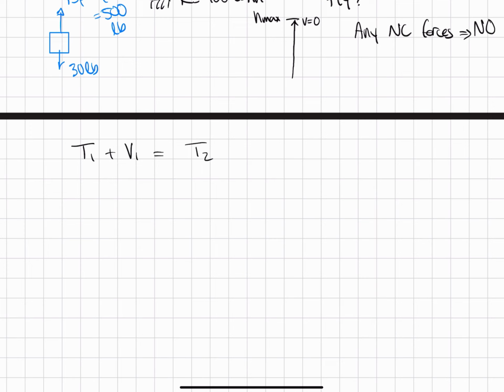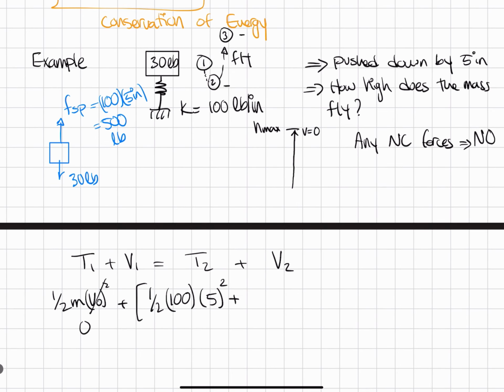to T2 plus V2. So the initial velocity is 0, so we have 1/2 m v naught squared. This is 0, so this whole T1 is 0. At V1, we have 1/2, 100, which is the stiffness, times 5 squared. So that's the elastic energy of the spring. We can say that position 2 is our datum.